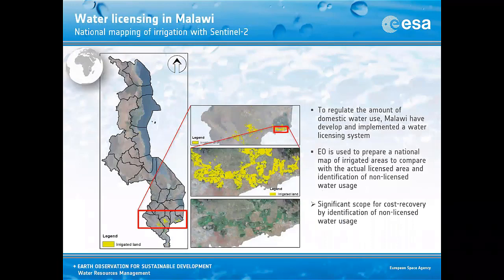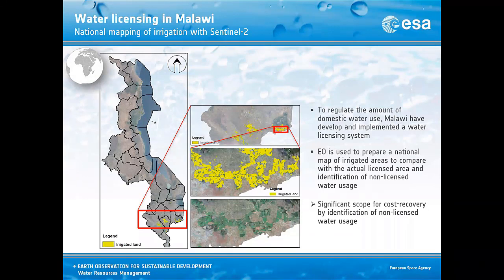As a final example on how Earth observation may support agriculture and water management is the issue of water licensing. Here exemplified by Malawi, but many of the sub-Saharan African countries have developed water licensing systems.